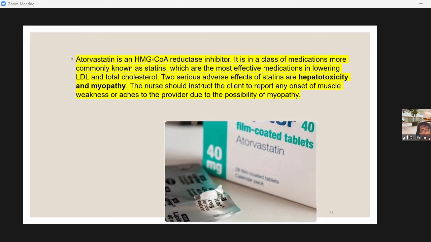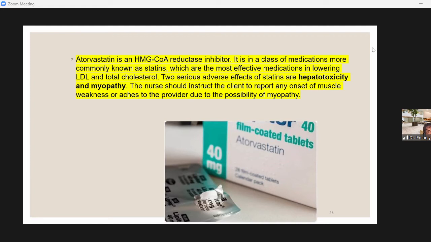Make sure your patient doesn't have myopathy. Or for a patient who wants to start statins, you need to check the liver function test and ask your patient to report any abdominal pain, jaundice, nausea and vomiting, or weight loss, which could be signs and symptoms of hepatotoxicity.